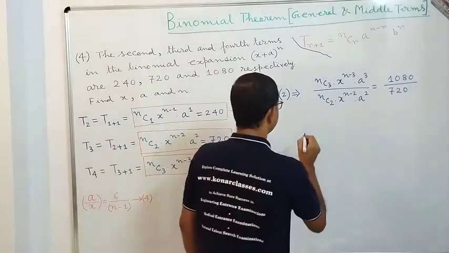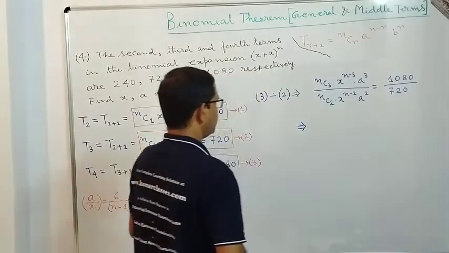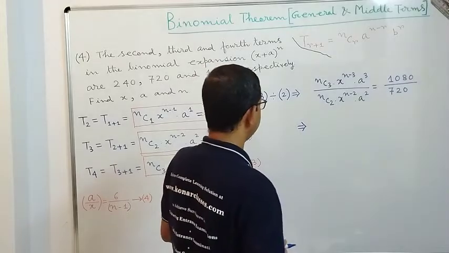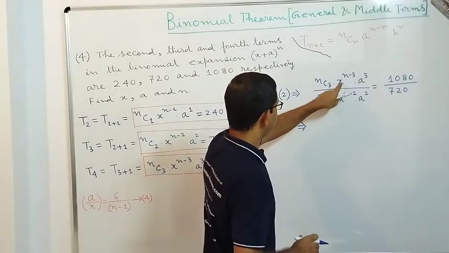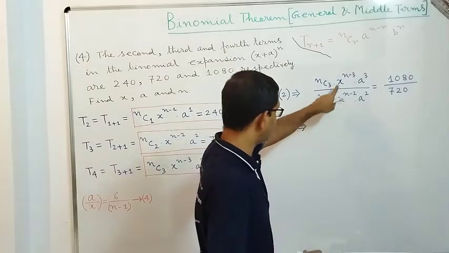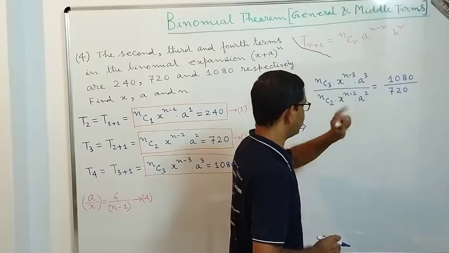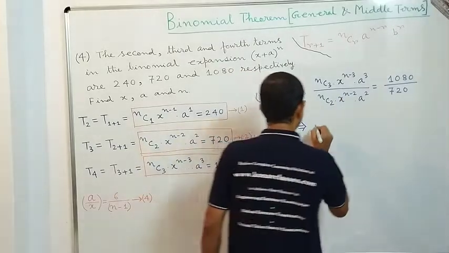Okay, so now let's find out what we are going to get. If we see, dear students, x to the power n minus 3 in the numerator and x to the power n minus 2 in the denominator, that becomes 1 by x, and a cube by a square becomes a.